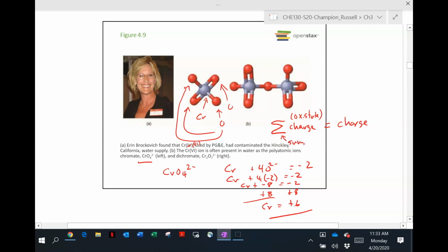So when we're doing that over all the atoms, sum over all the atoms in the species, which is a word for molecular ion, that's going to add up to the charge on that ion. That's a principle of electrical neutrality we talked about before. And so that basically is what I use to create this relationship, which eventually settles into a pretty simple algebra problem.